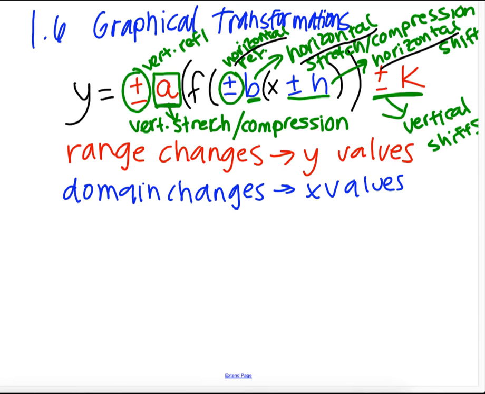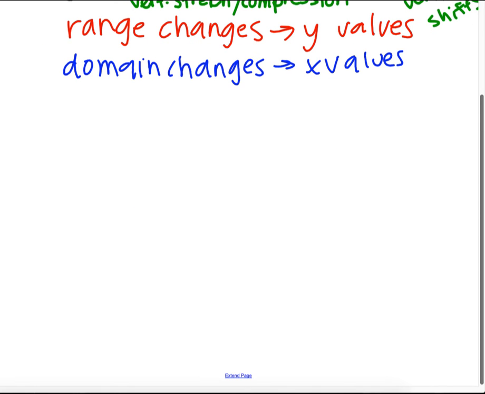So let's go to a couple of examples. I'm just going to give you a function, and you're going to say what the transformation is. We're going to have a bunch of different parts of this one.